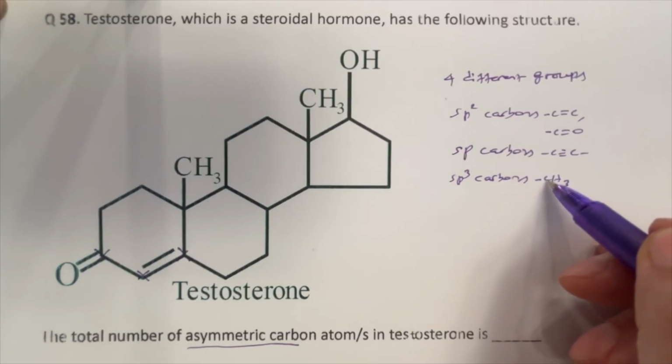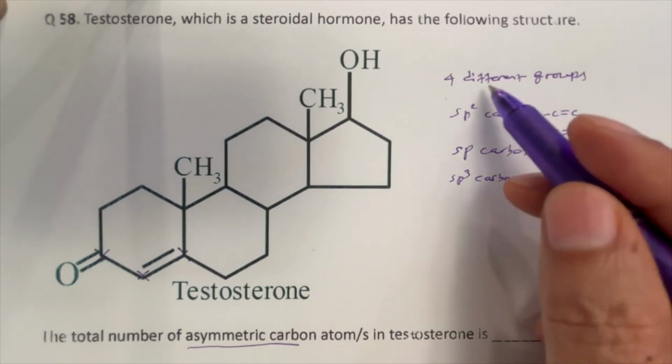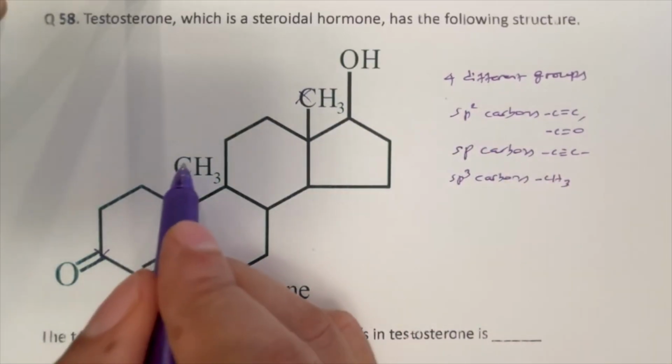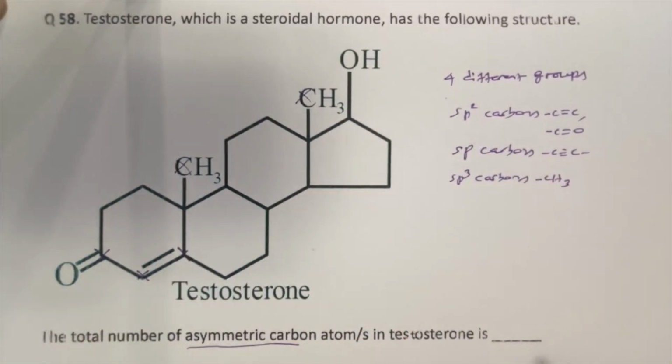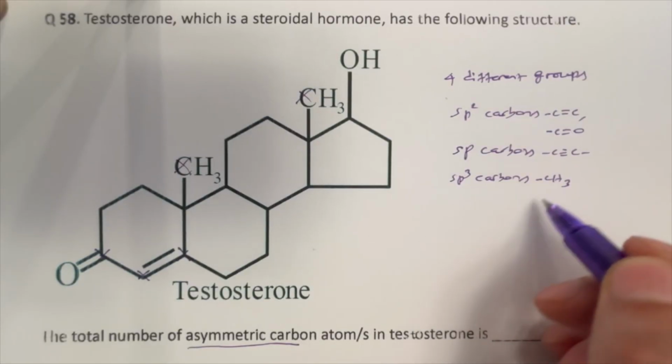So even if the methyl group is attached to something else, in total it becomes 2 different groups, not 4 different groups. So therefore methyl carbons are not asymmetric, so you can eliminate those. You can also eliminate methylene carbons.